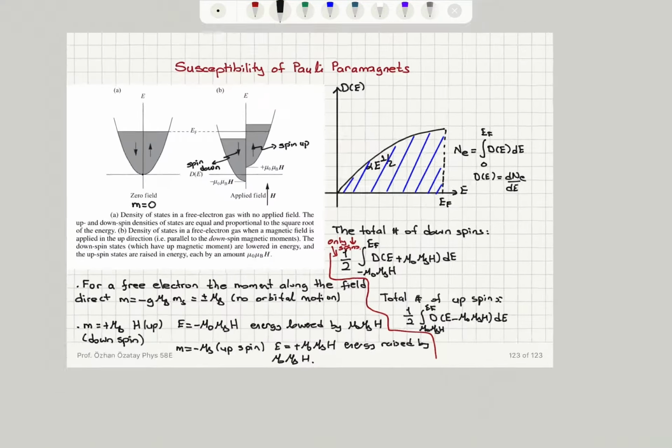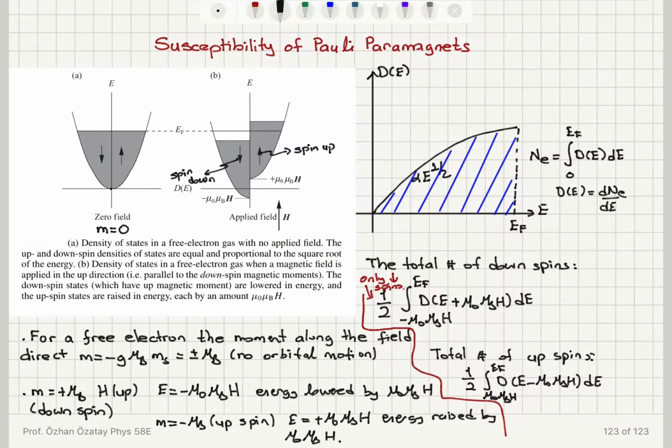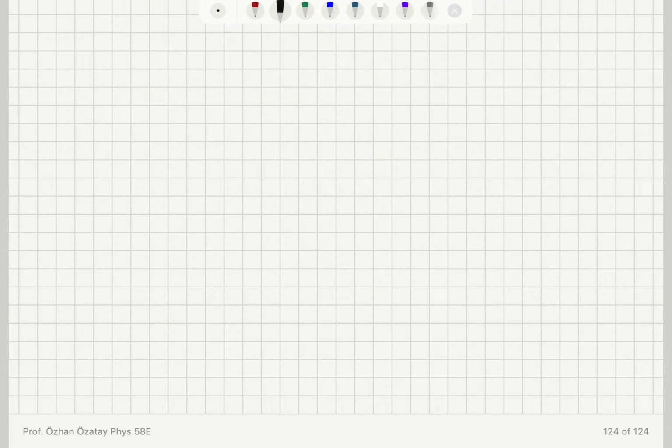So this is correct. Okay, so we're trying to calculate the imbalance in the number of up spins and down spins.